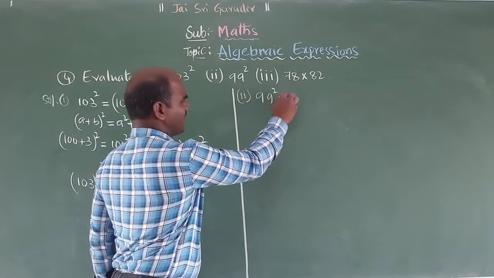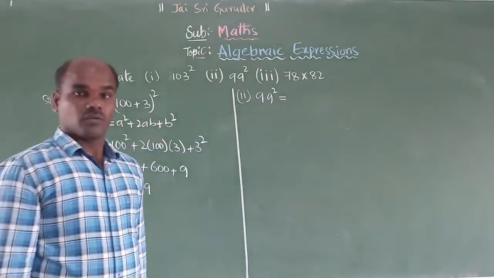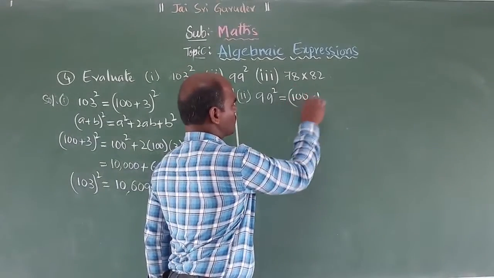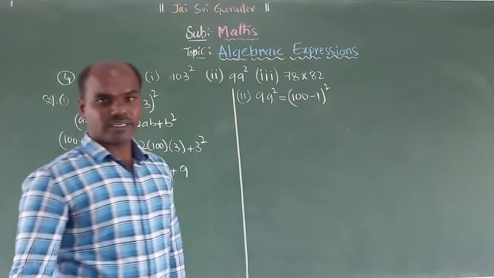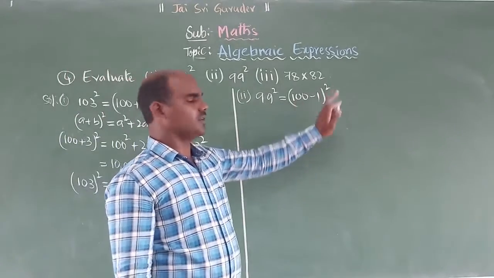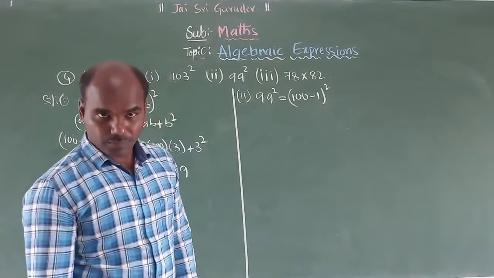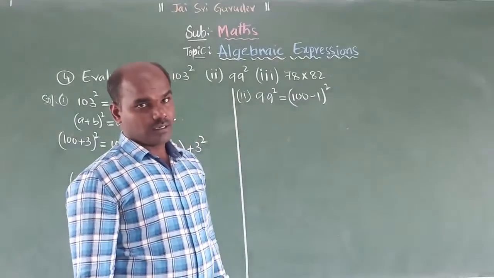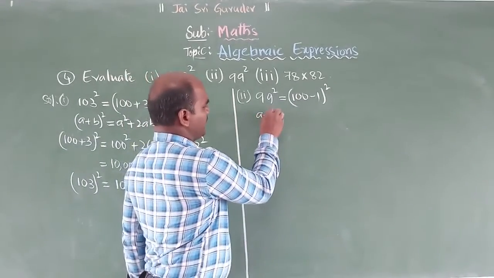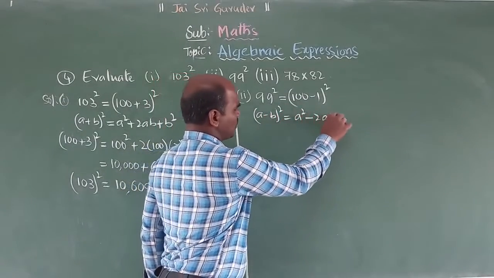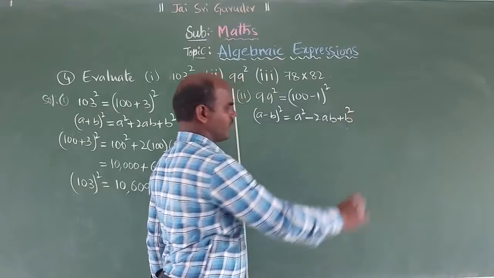The second one is 99 square. So 99 we should write as (100 minus 1) whole square. 100 minus 1 is 99 only, no? Yes, so that is (100 minus 1) whole square. Now it is in the form of (a minus b) whole square, and (a minus b) whole square is equal to a square minus 2ab plus b square.